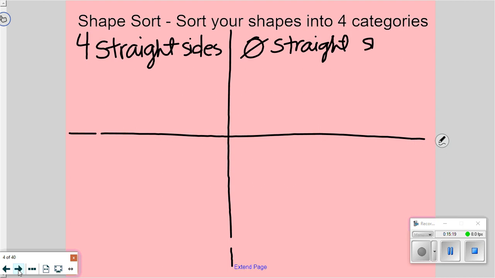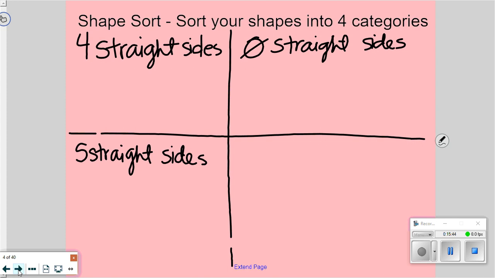Straight sides. We need 2 more categories. What else could we make? 5 straight sides, sure. Anything else? How about that last category?